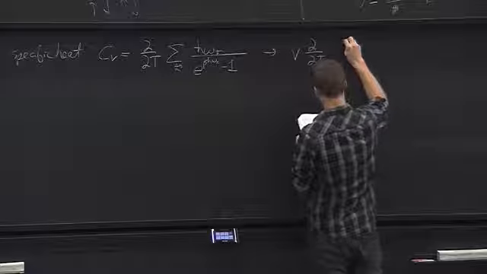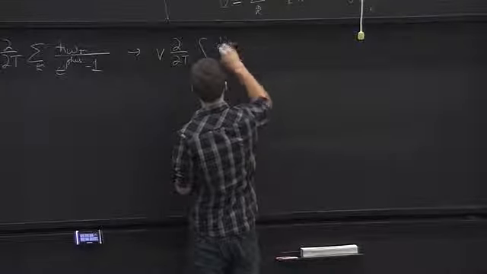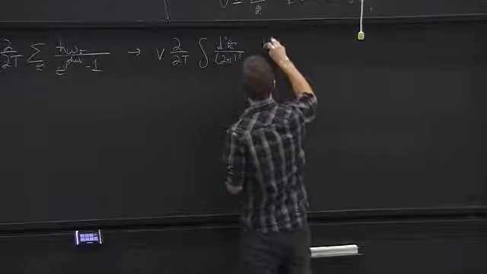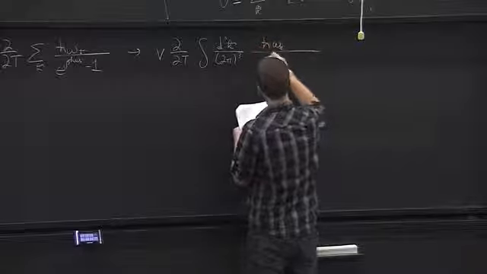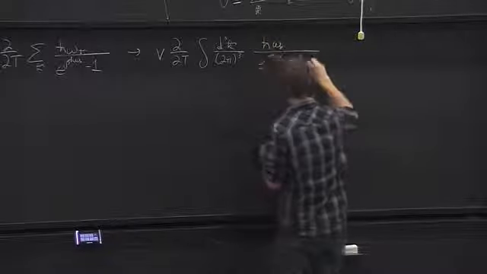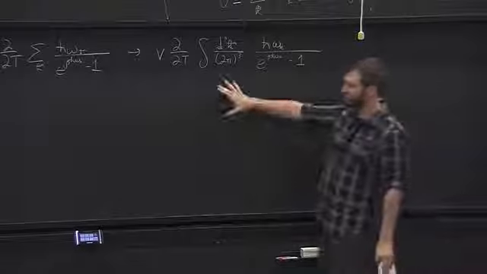So I have my V, and I have d3k over 2 pi cubed. And we'll ignore any tricks that gave us the BEC in the last lecture. We'll just straight up integrate this equation like we did for phonons.